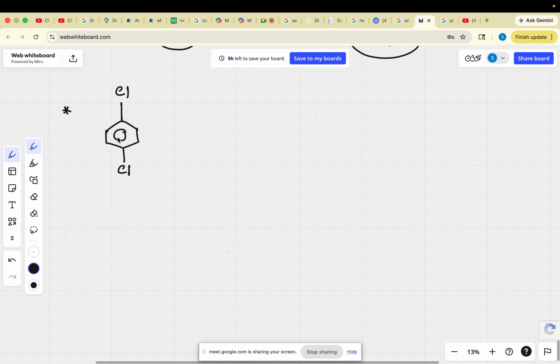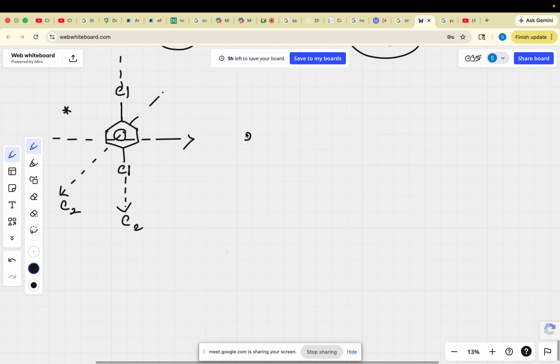You can see that you can pass one C2 axis from here, and you can pass one C2 axis from this Y axis also.